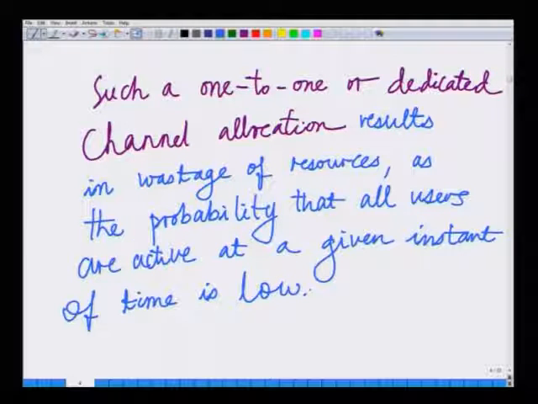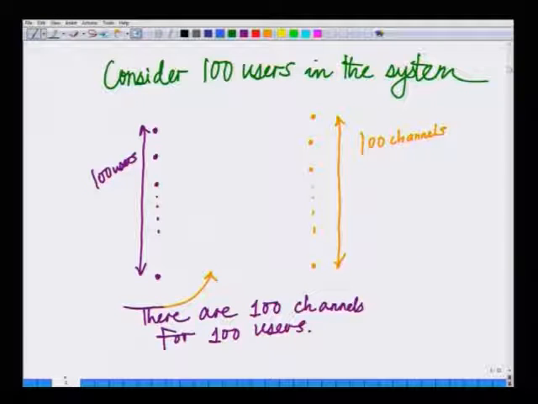Hence, if we have this one-to-one allocation, we have one channel for each user, that is, any user who wants to place a call can place it immediately.